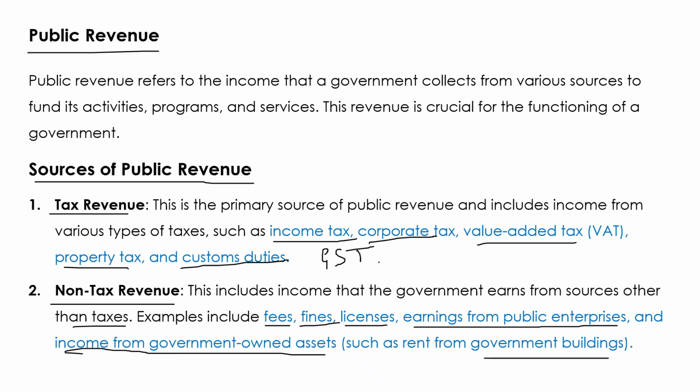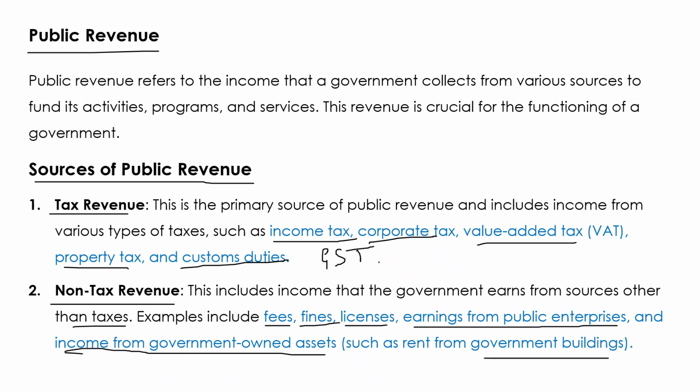And licenses and earnings from public enterprises. For example, license: in case we have to build a new business, micro enterprises or medium or small enterprises, we have to take a license from the government department, district industry center, like that. So some minimum fees is there, we have to give some fees for taking the license.